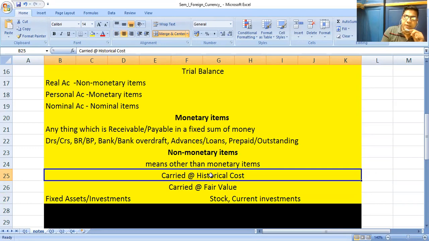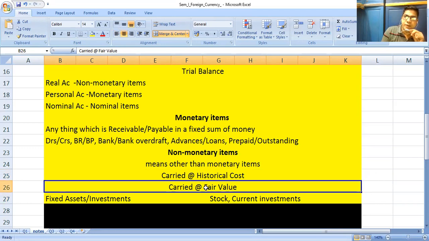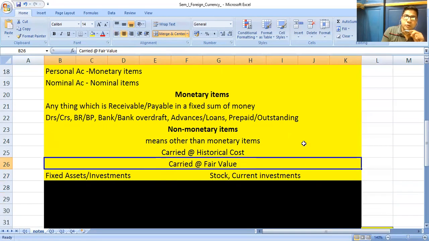Accounting Standard 11 says that fair value also we should record. How it will be recorded, we will discuss in later standards, but you should know which item is called a non-monetary item. These are the examples.